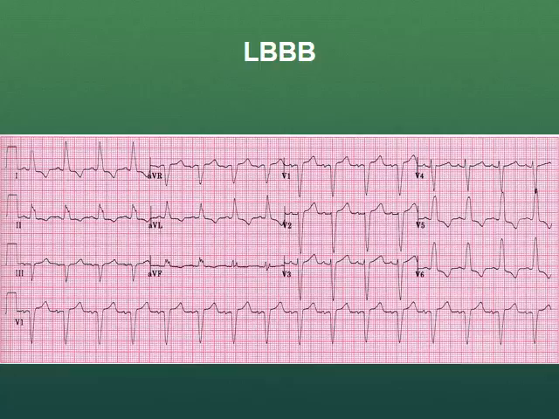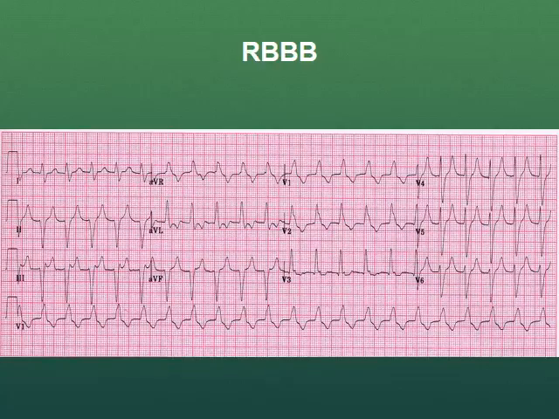We're just using this to look at bundle branch blocks. Bundle branch blocks do require a 12 lead to actually determine where the bundle branch block is located. So we look at V1. V1 is mostly deflected down, and it's wider than 0.11 seconds. And so we can say that this is a left bundle branch block.